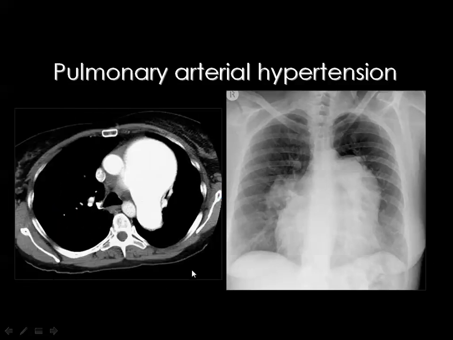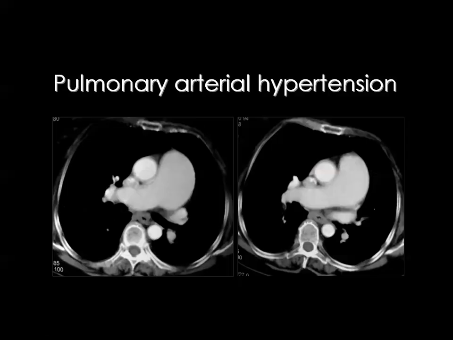If you look here, this is the pulmonary artery, which is hugely dilated compared to the caliber of the adjacent ascending aorta, and you also see the left main branch is markedly dilated. This is diagnostic of pulmonary arterial hypertension.